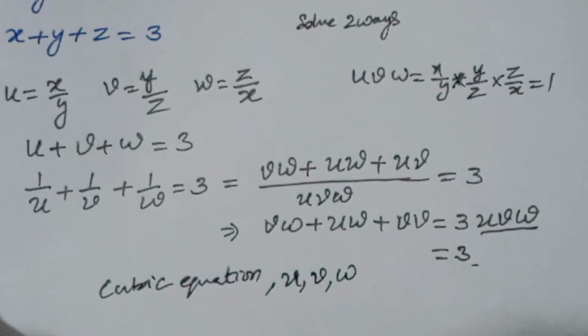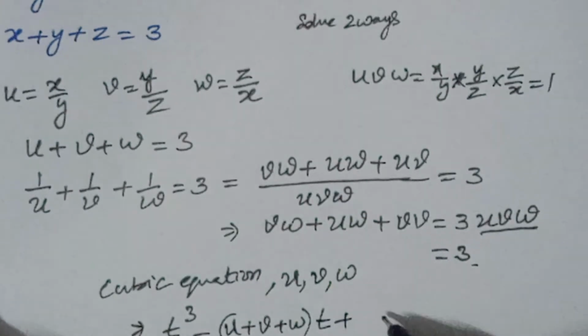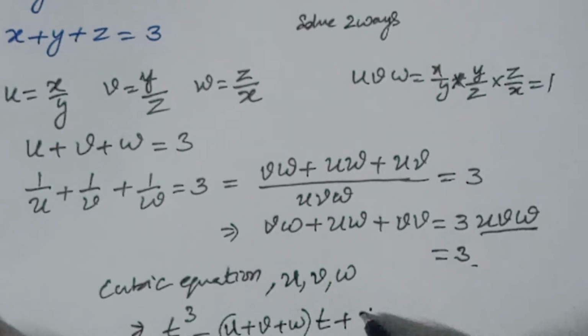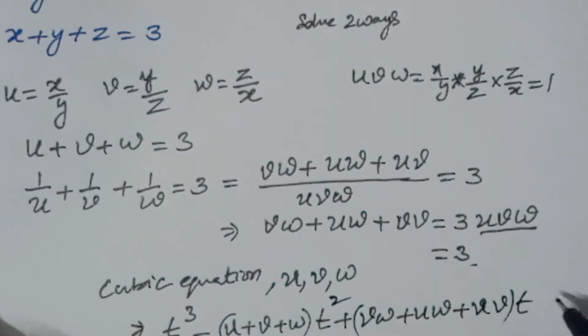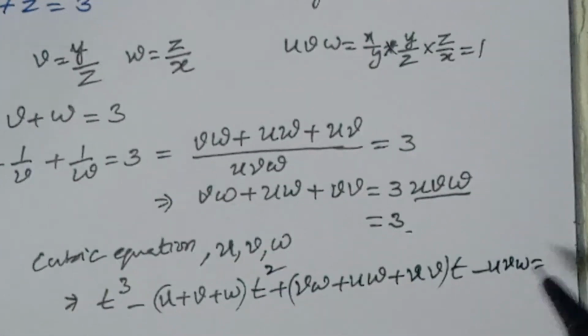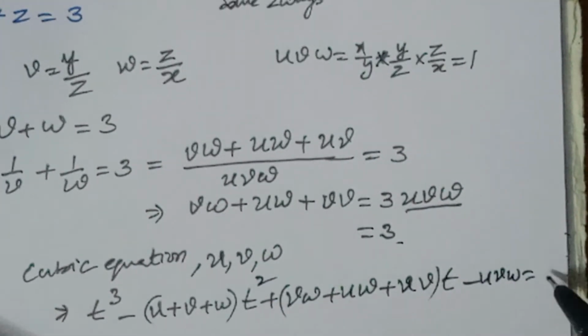So we can take the variable as t: t cube minus (u + v + w) t square plus (vw + uw + uv) t minus uvw is equal to 0.